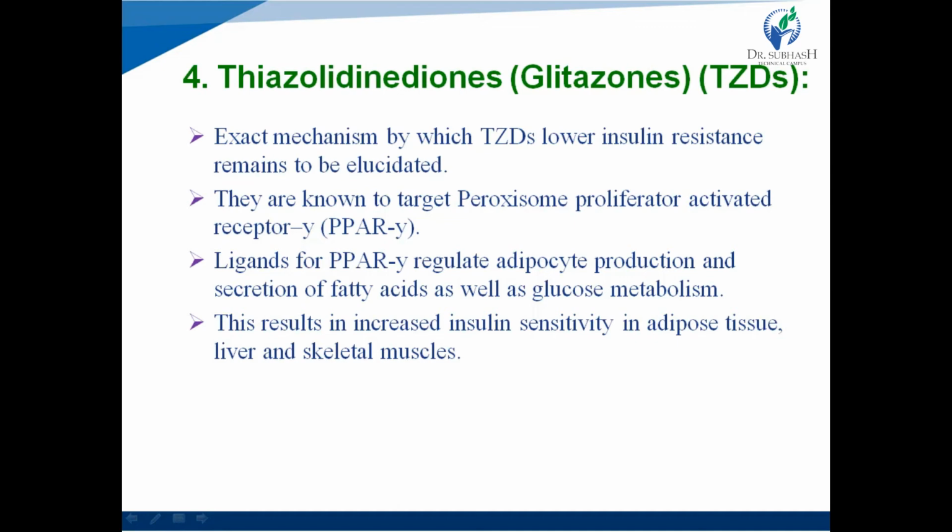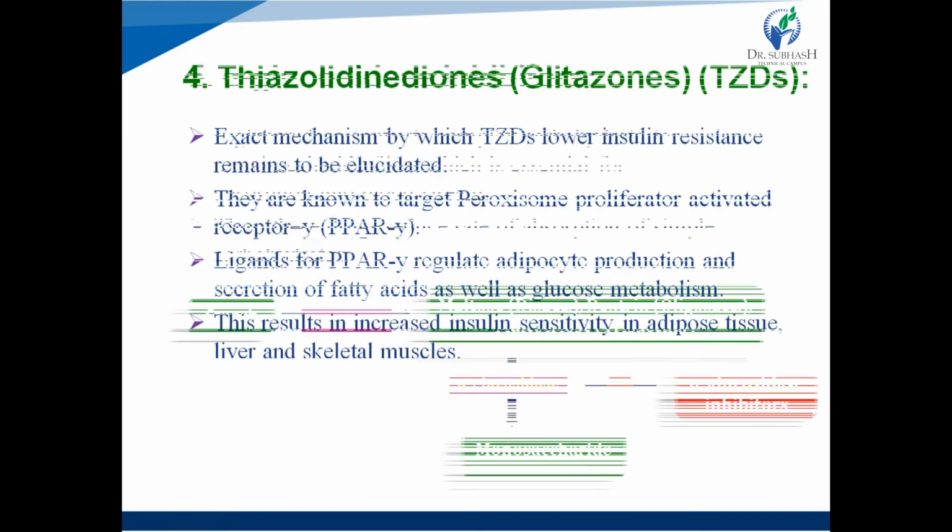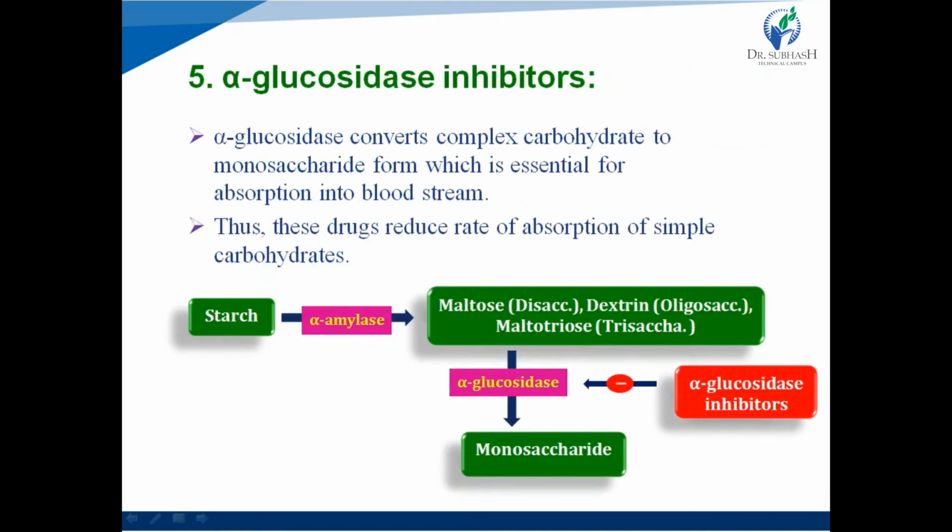Adipocytes are the fat cells, and secretion of fatty acids as well as glucose metabolism. The ligands, thiazolidinediones, stimulate PPAR-gamma, and this results in increased insulin sensitivity in adipose tissue, liver and skeletal muscles.